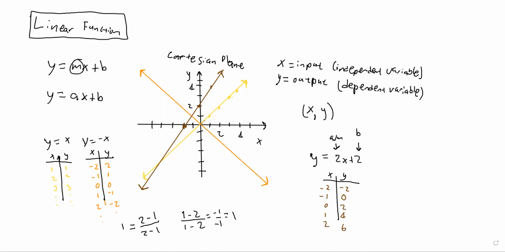Another way you can do it is by following the rise over run. Remember the rise over run formula. So this would be the rise. So let's say you want to find the slope of the linear function, or the m, of the yellow function. Then you go up 1 from one point to the next, and you go to the right 1.